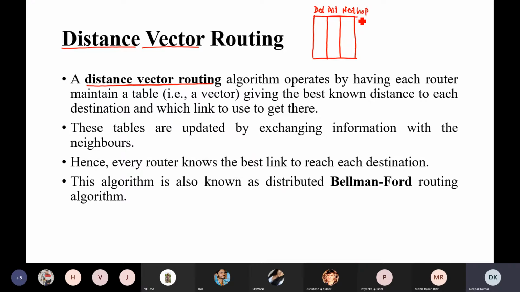In this table, each router knows the destination nodes. Suppose multiple nodes are connected in a network.